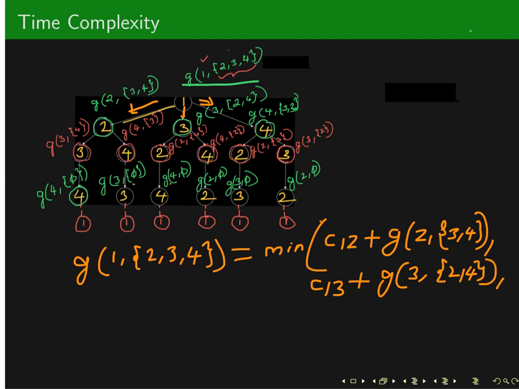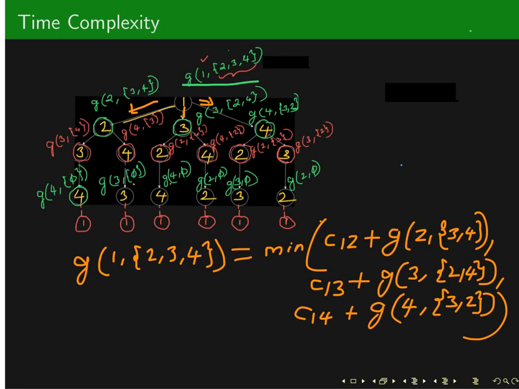And there is one more way, that is c of 1 4 plus g of 4 comma 3 2. So once you calculate the minimum of this, then you have achieved your result.